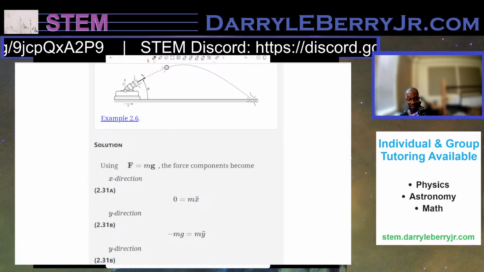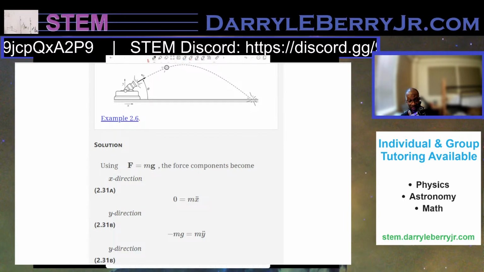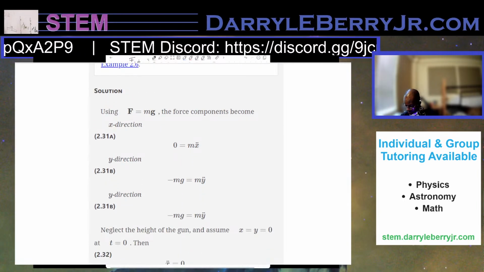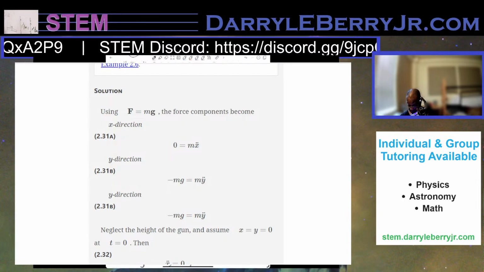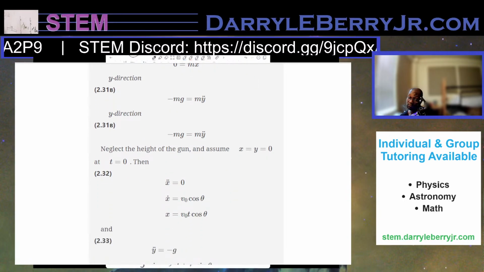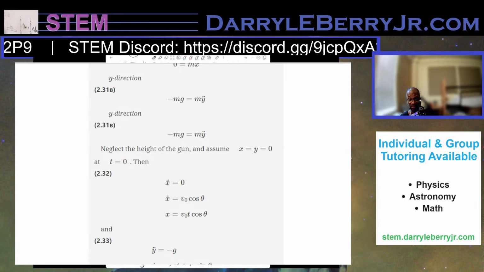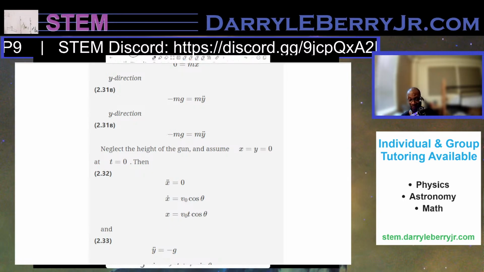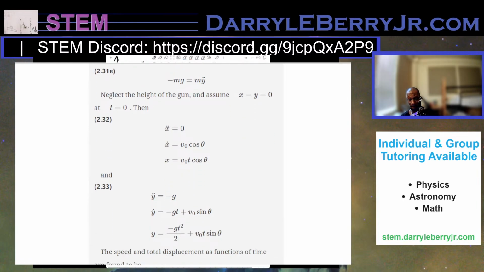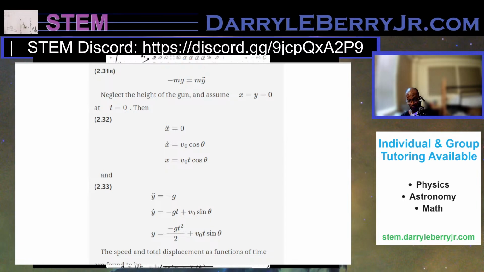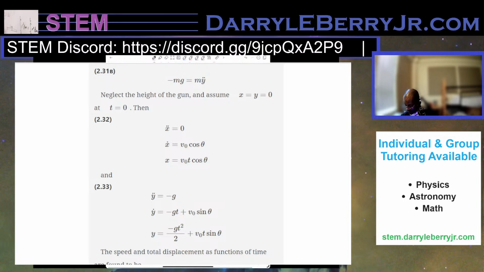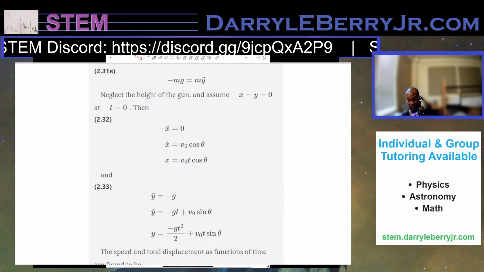So using F equals mg, the force components become, as we said, 0 in the x direction, and mg equals m y double dot in the y direction. Next, the height of this gun, x and y equal 0 initially. V naught x equals V naught cosine theta.